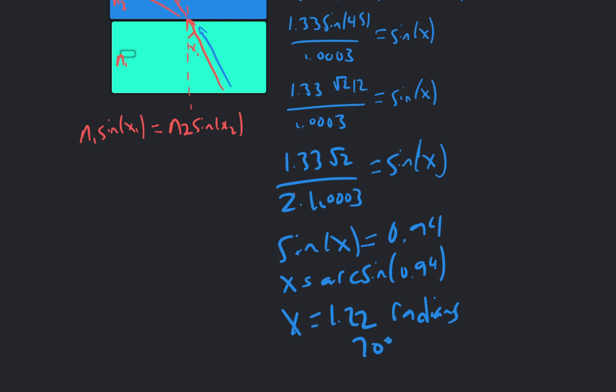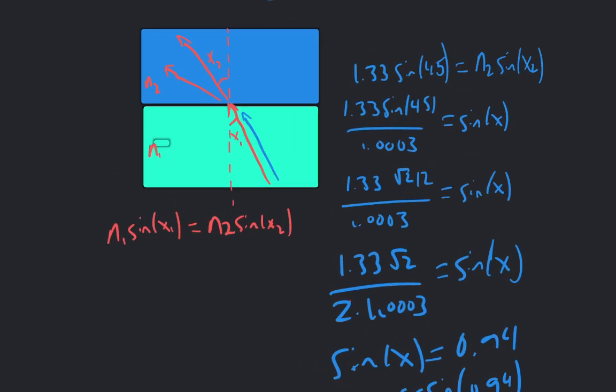Going back to this, 70 degrees, if that's 45, we're going to add a little bit, so it'd be coming out like that, maybe close to the third one, whatever 70 degrees is.